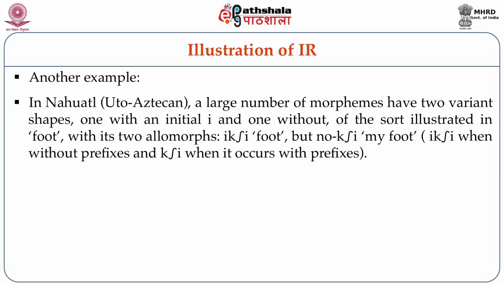A large number of morphemes have two variant shapes, one with an initial i and one without, of the sort illustrated in ikji, foot, with its two allomorphs, ikji, foot, and nokji, my foot, which occurs with prefixes.